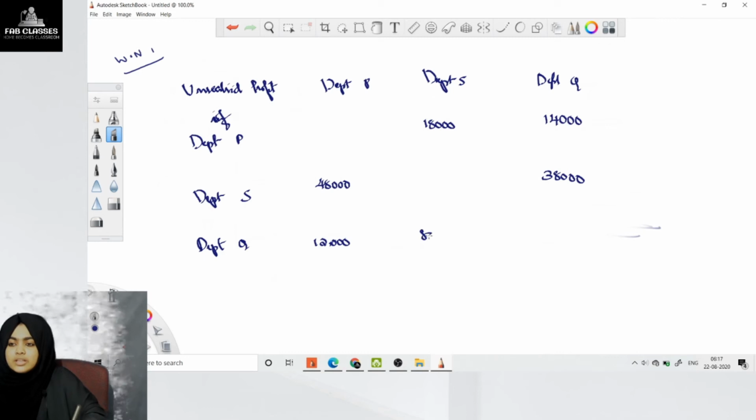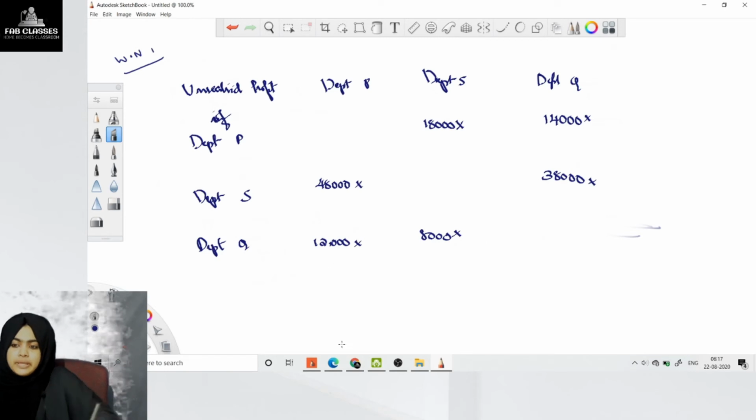So P has transferred goods to S and Q, and both these values contain the profit component. So we have to find out how much is the profit hidden in each of these cases.